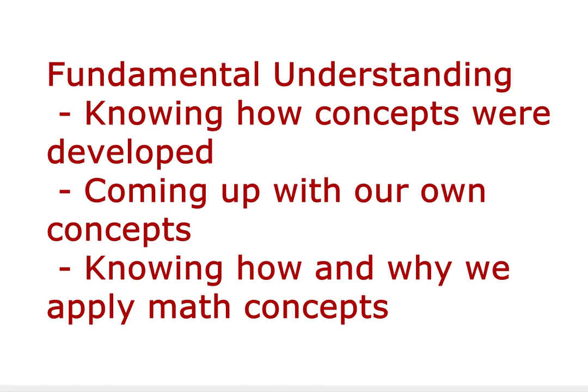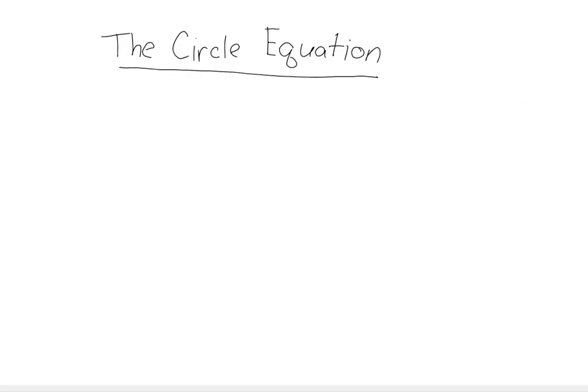Now, to get into the topic, we're going to be talking about the circle equation. The circle equation is one that we use to graph circles, and it can be a bit confusing at first with all the letters that you see in the equation. It's almost like there's no numbers at all.